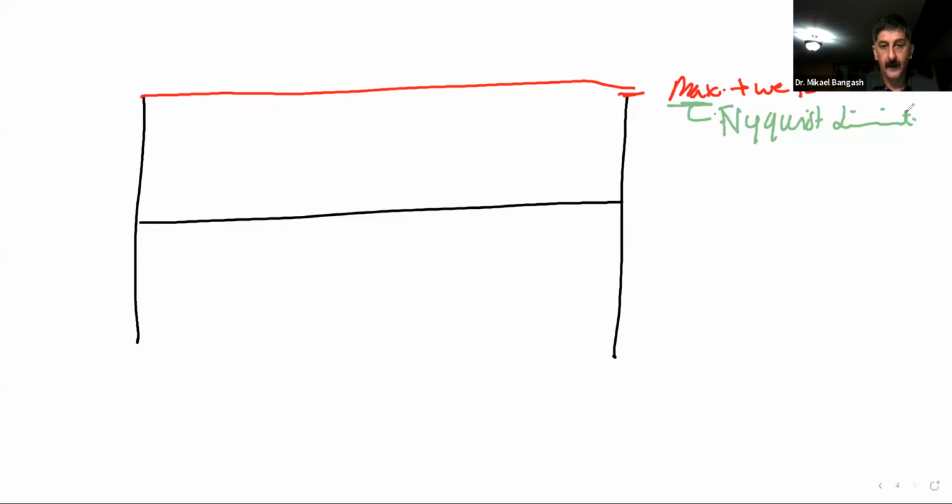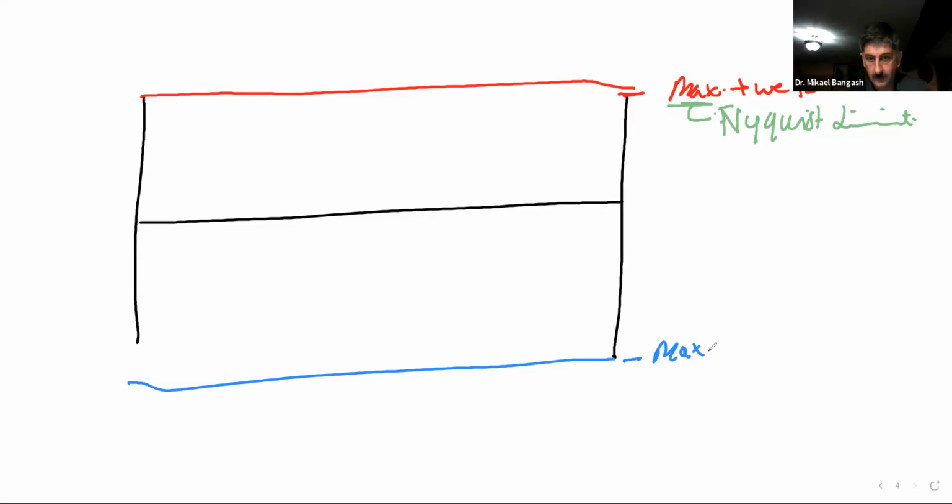Whereas on the other side, this would be the maximum negative Doppler shift that we are able to record.